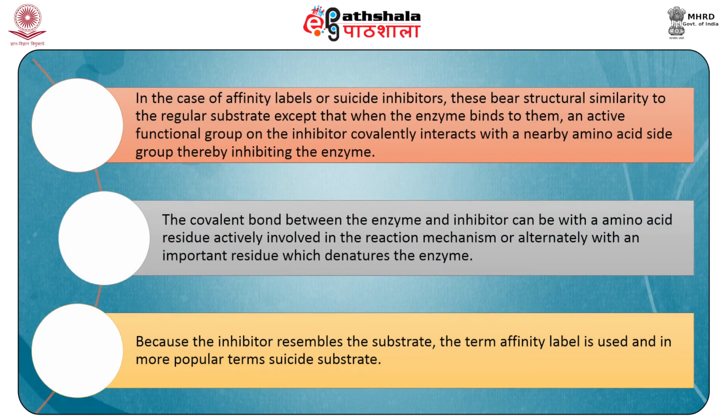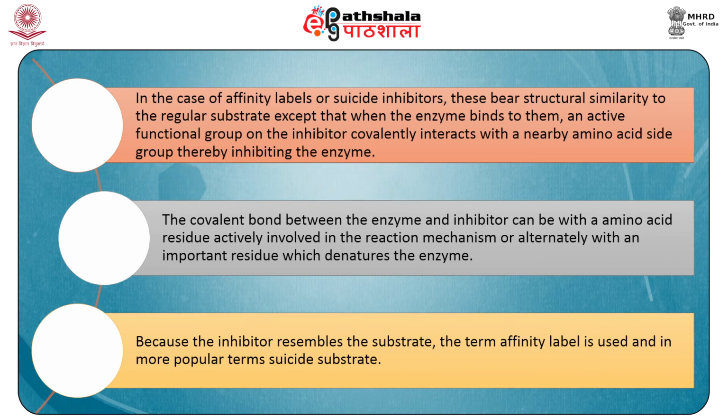In the case of affinity labels or suicide inhibitors, these bear structural similarity to the regular substrate except that when the enzyme binds to them, an active functional group on the inhibitor covalently interacts with a nearby amino acid group, thereby inhibiting the enzyme.